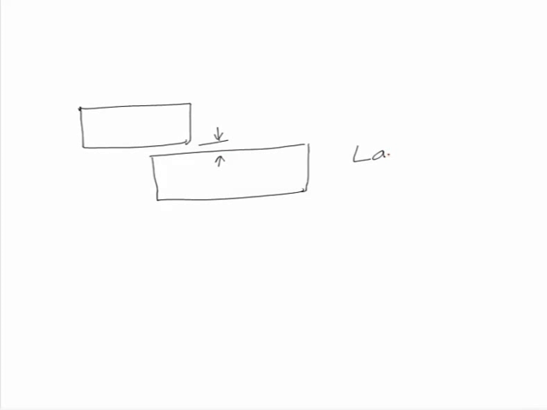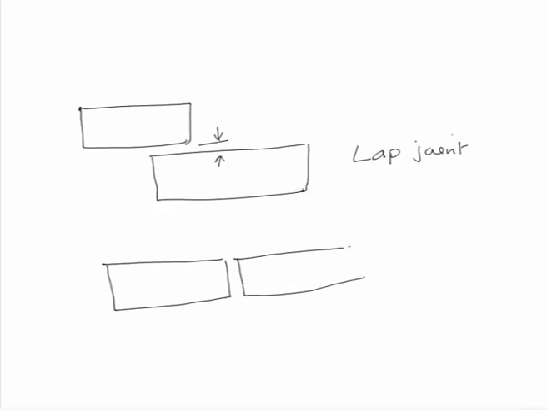This kind of joint is called lap joint, but a butt joint can also be made between the members to be joined, and here heat will be applied near the edges of the plates to be joined, and then the filler material is placed here, so that it gets distributed between the members to be joined.